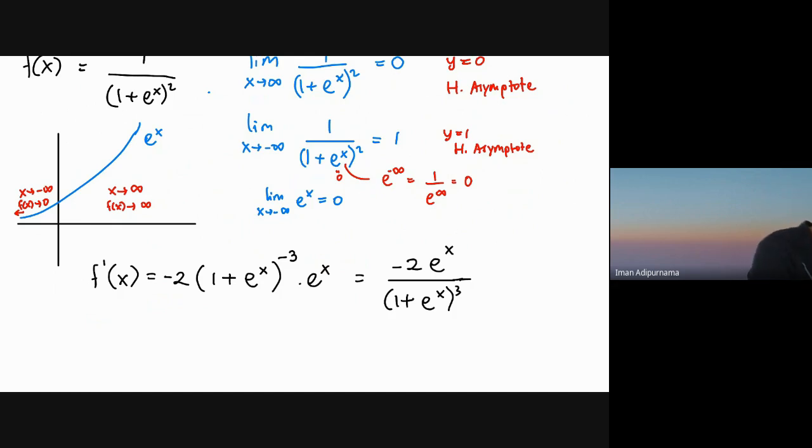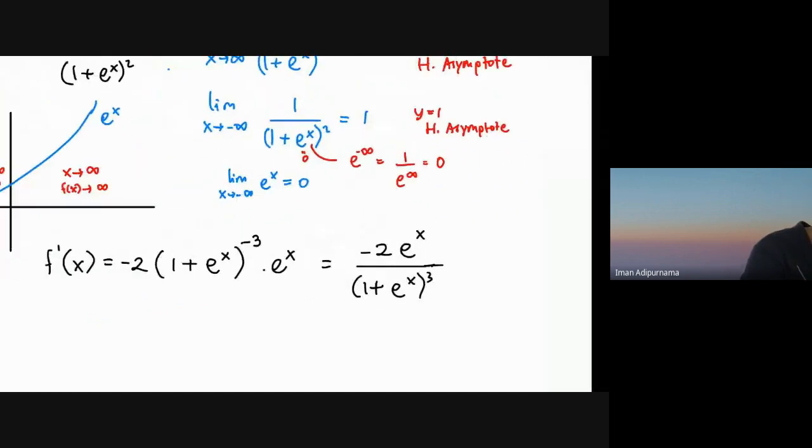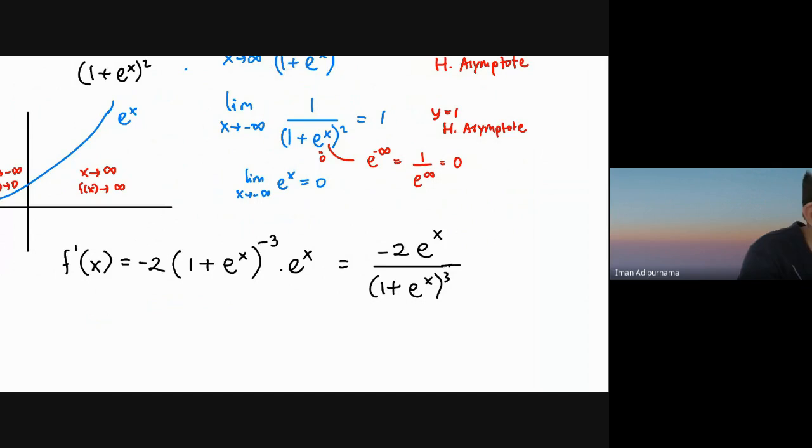And again, if you check whether it has a critical number, if you check the critical point, this is not possible, right? This equal to 0 is not possible, right? Because e to the x is always positive, this is always positive also.